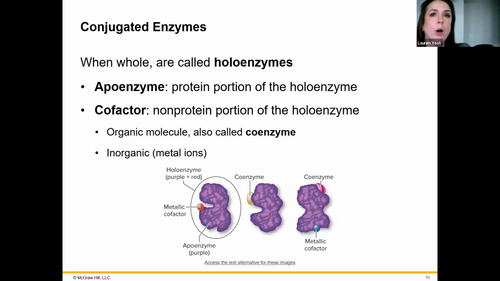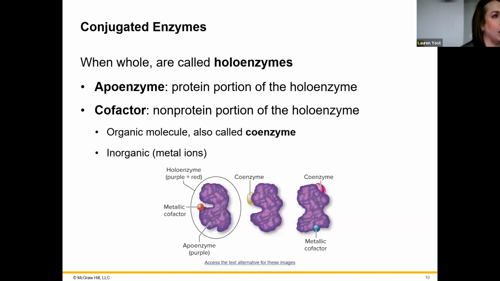First part, the apoenzyme. The apoenzyme is the protein portion, okay? The cofactor is the non-protein portion. So what can it be? It could be an organic molecule of some kind. If it is organic, then it is a coenzyme. A lot of times this can refer to vitamins or other organic molecules bound with the vitamins, okay? Usually if you need a vitamin in your diet, it's for enzymes to work, okay?